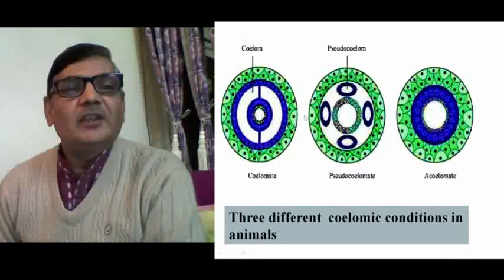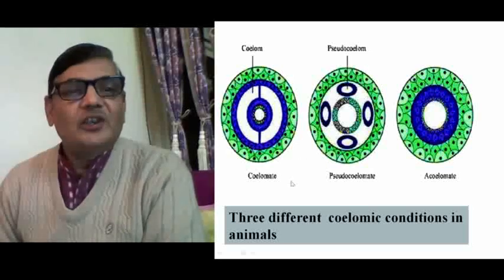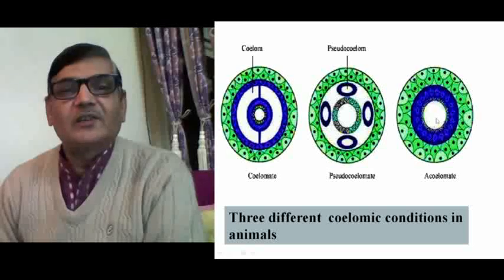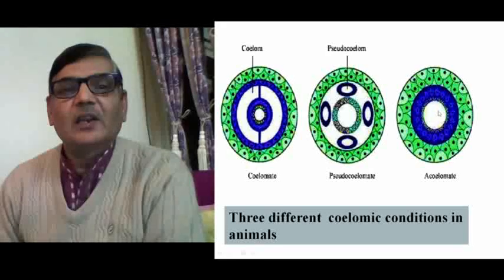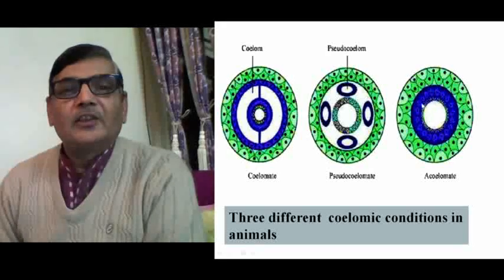So here in this diagram you can see three different situations. The first one you can see here on the right side. This is the acoelomate condition, that is, those animals in which there is no coelomic cavity at all. In this case you can see this internal hollow structure is part of the alimentary canal, and then this one is the endodermal lining.